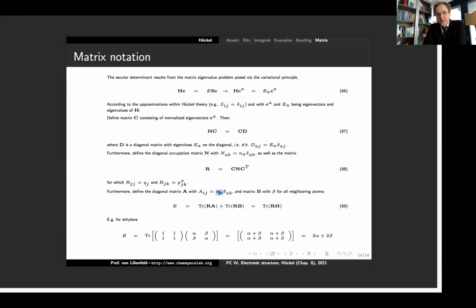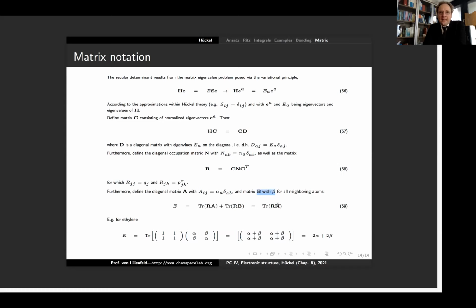So the HAA, the Hamiltonian matrix AA for our alpha is on the diagonal, and on B you have the beta for all neighboring atoms, and then you will find that the total energy of the system is the trace of this R matrix times the A matrix plus the trace of your R matrix times the betas, right?